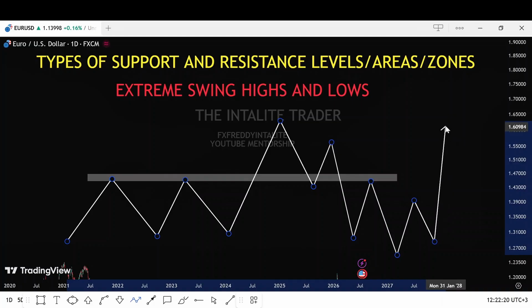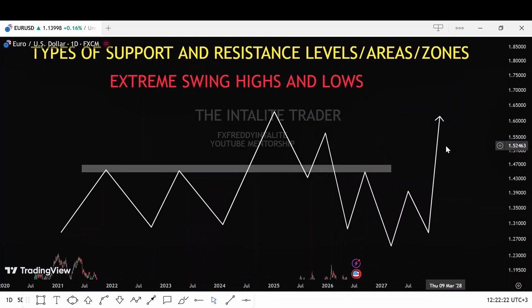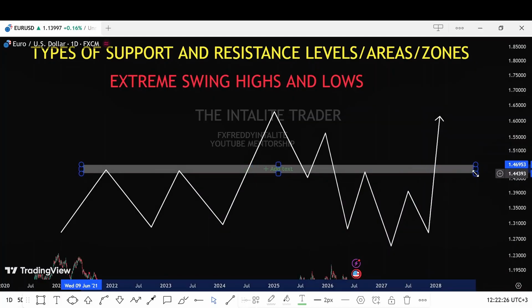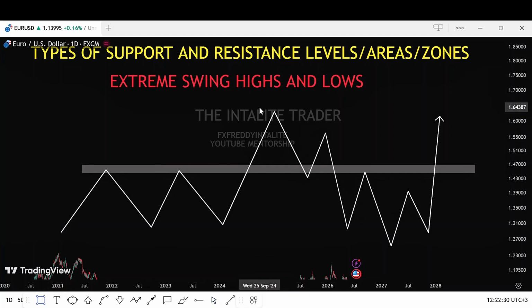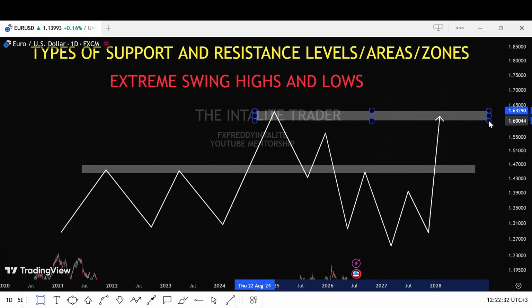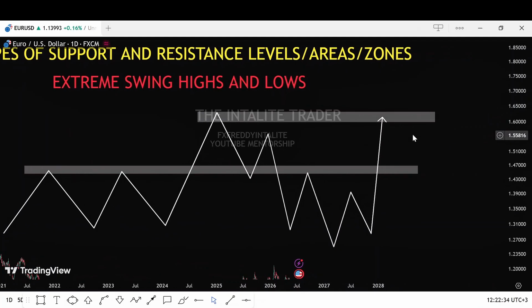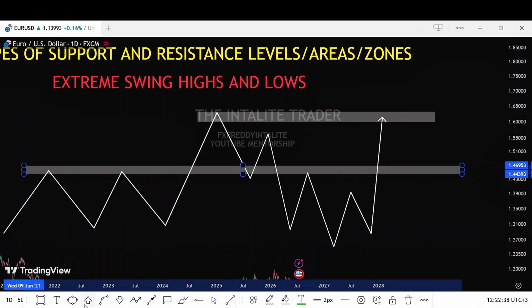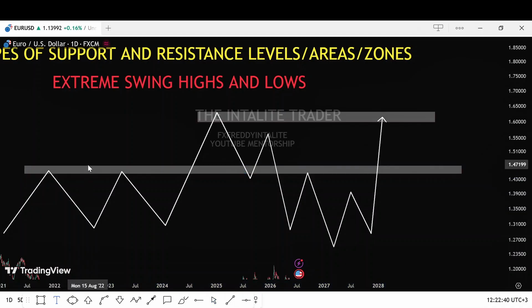So we say if price is doing this and it gives you such a key level, here you have this extreme swing high. This is a key level. As usual, we shall mark this as key level, key level.